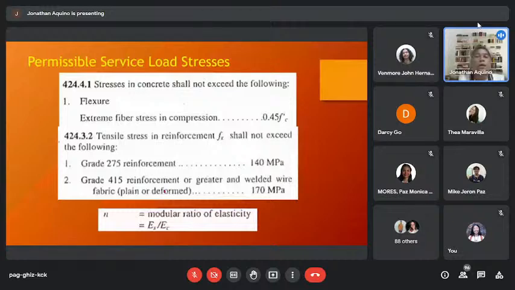Grade 40 is equivalent to 40 ksi or 275 megapascal, and grade 60 is 60 ksi.